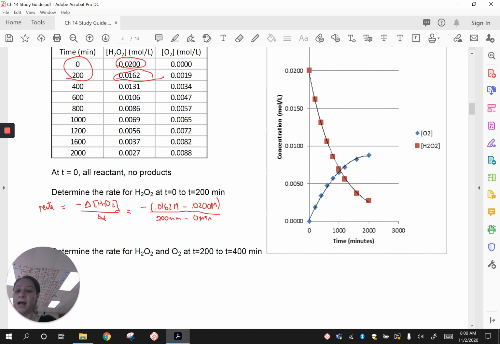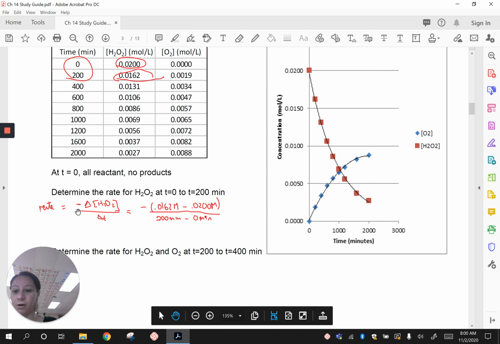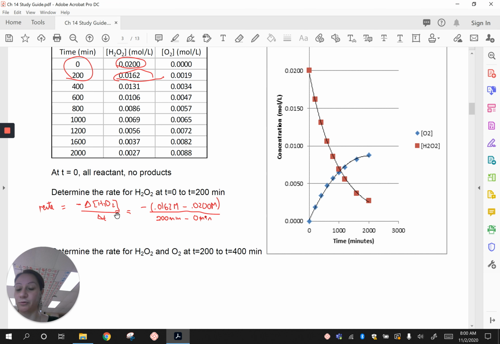Again, if it's a reactant, you put a negative right here because then it's going to give you the rate as an absolute value, not as a negative value, since the hydrogen peroxide is a reactant. So in front of reactants, you put a negative. In front of products, you don't do anything.